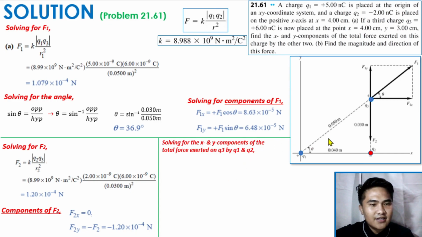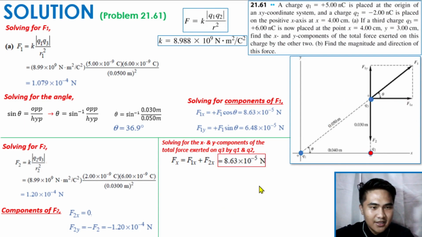Solving for the x and y components of the total force exerted on Q3 by Q1 and Q2. So we will solve these components, the total force. So we have F sub x equal to F1x plus F2x.